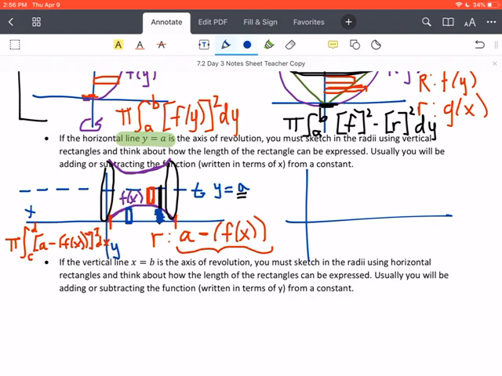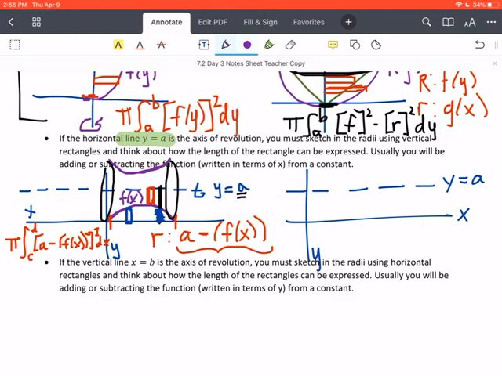Okay, so now let's imagine that we have our x and our y, but we're again saying let's rotate around this axis, y equals a, and let's look at kind of a petal shape again. That's normally kind of what we turn to.